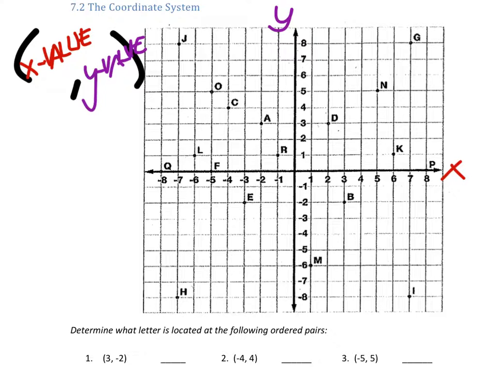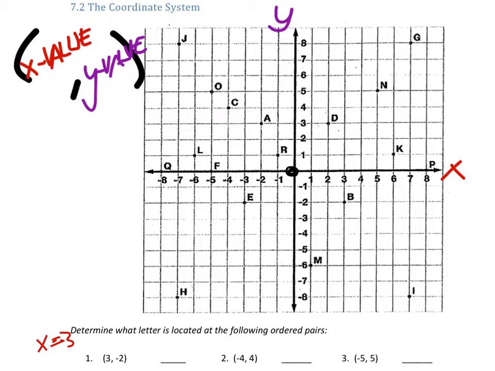So we just need to find 3 on this x number line, or x-axis is what that's called. Now the middle right here in the center, that's called the origin.